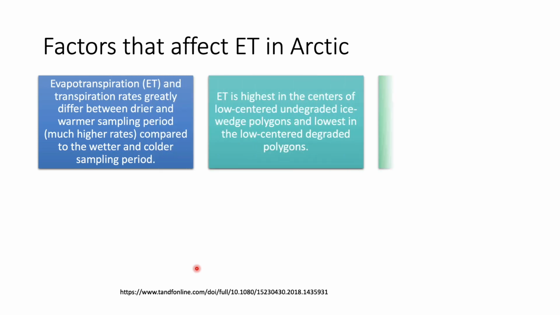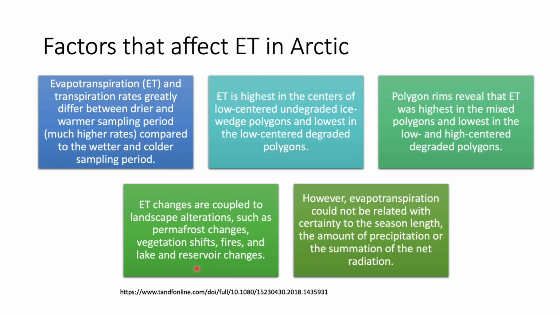And what are the factors that specifically affect the Arctic region? Here the transpiration rates greatly differ between the drier and warmer sampling period and the wetter and colder sampling period, because the area is very cold. So that's the reason it may hold more moisture.